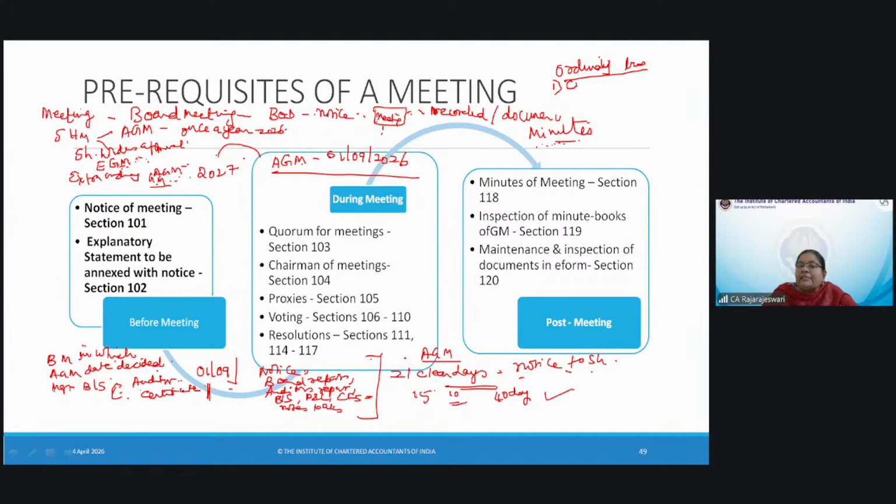The first one is adoption of accounts. We call it consideration of the balance sheet, auditor's report and board's report thereon. Adoption of accounts, board's report and the auditor's report, that you call adoption of accounts. When you adopt it, it will be adopted in a properly held board meeting. Suppose the AGM date is 1/9, and 30 days before, they have held a board meeting on 1st August.